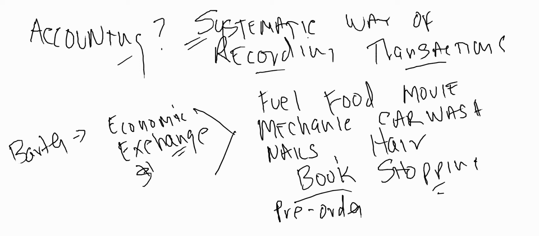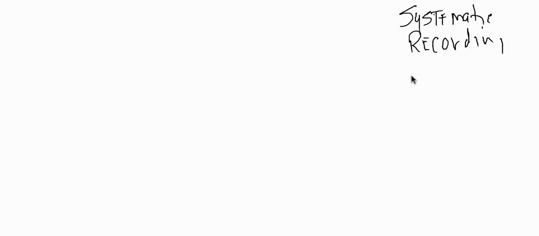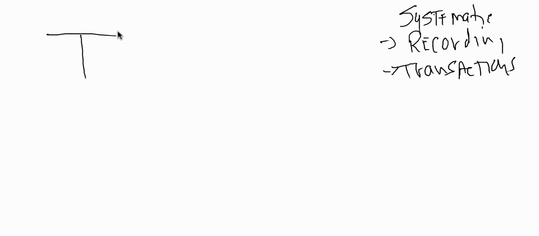Now let's go to the recording of those transactions. We'll put this systematic way back up, and we're looking now at the recording part of our transactions that we just talked about. In accounting, we have something called a T account.